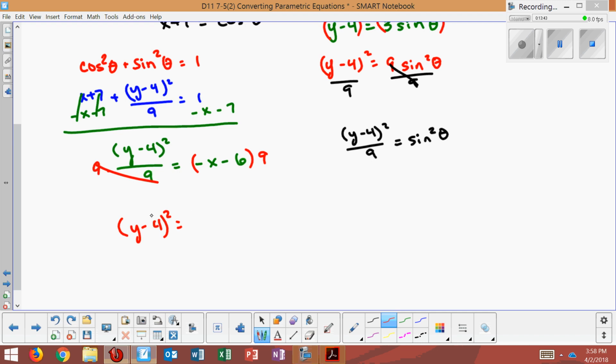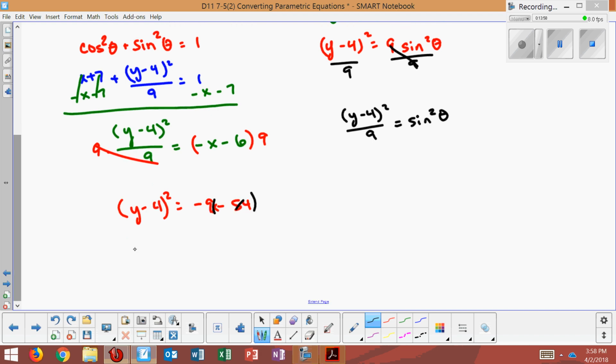You'd have y minus 4 quantity squared, then negative 9x minus 54, and the last step would be to factor this out so you get x by itself, which changes this value. And so finally we get our answer. It's y minus 4 quantity squared equals negative 9 times x plus 6. Negative 54 divided by negative 9 is positive 6. There's my answer.